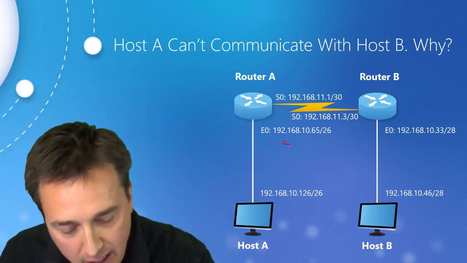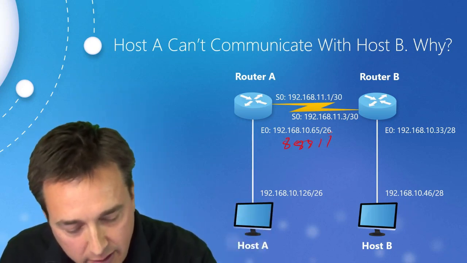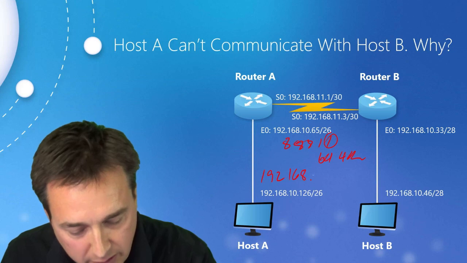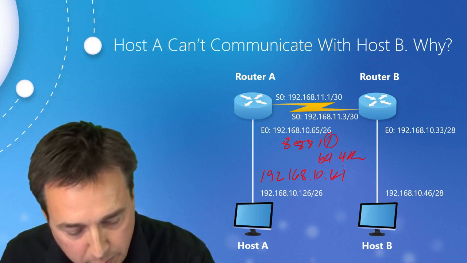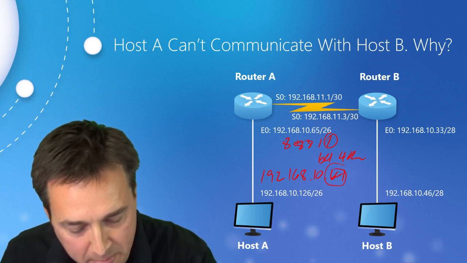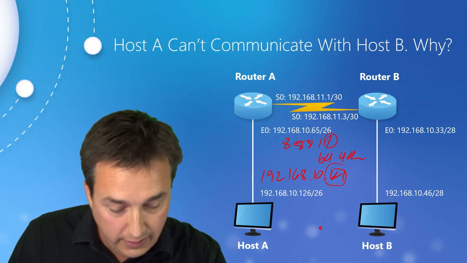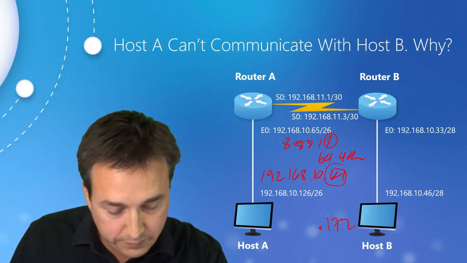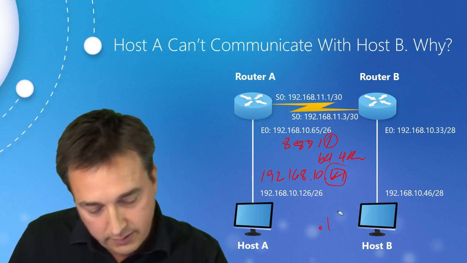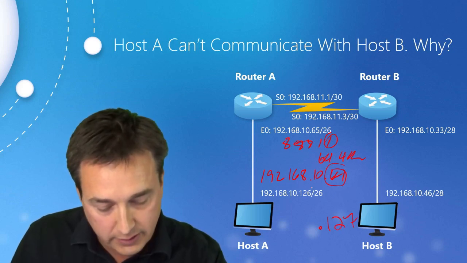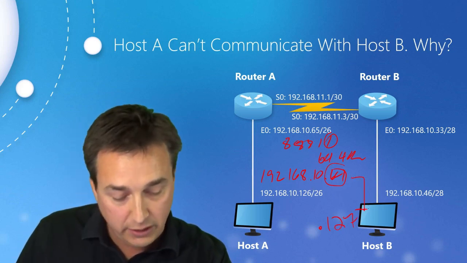So in my case, I would do things like this in order to figure out what is happening in this scenario, giving me the ability to ultimately identify that my network ID happens to be ending in .64. Therefore, my directed broadcast address is ending in 127, and therefore my usable addresses fall within this particular range.